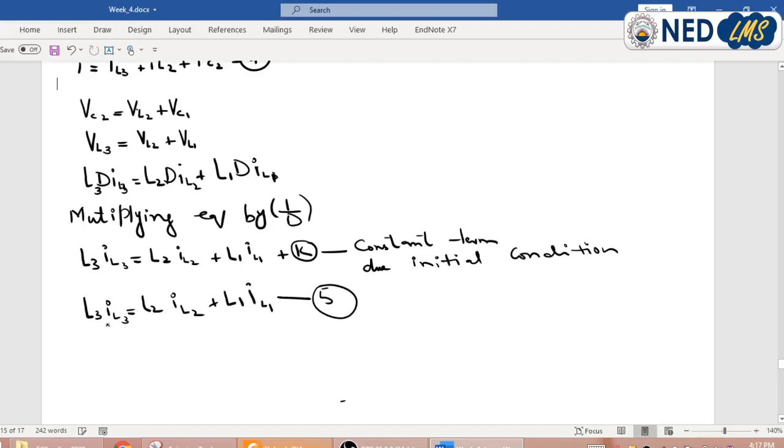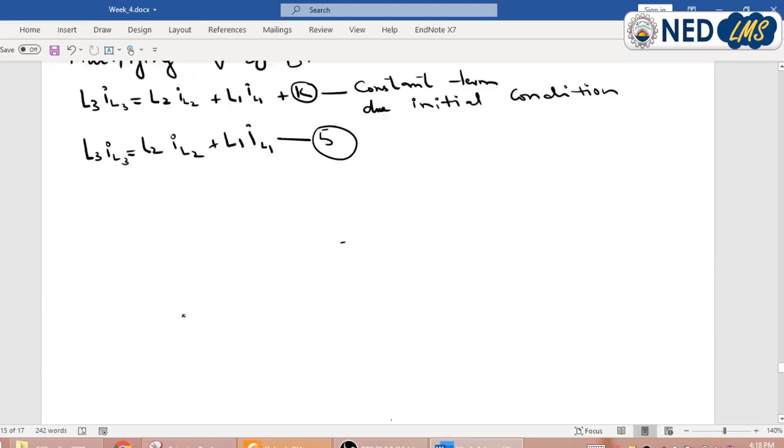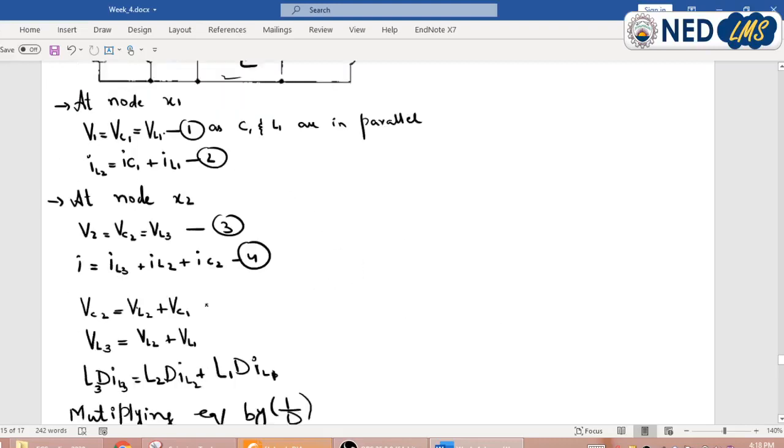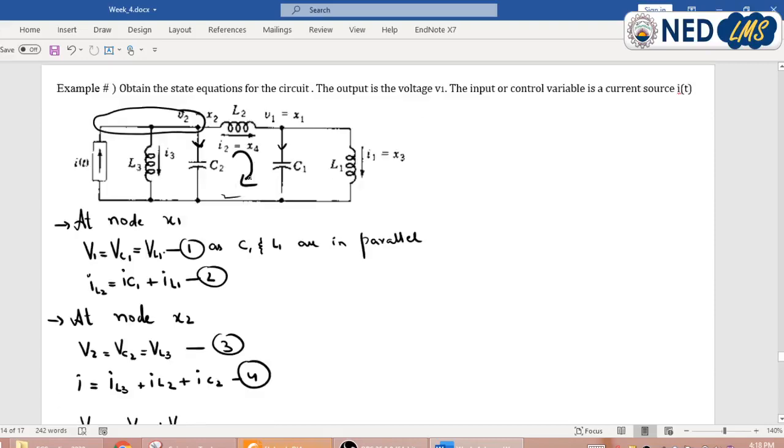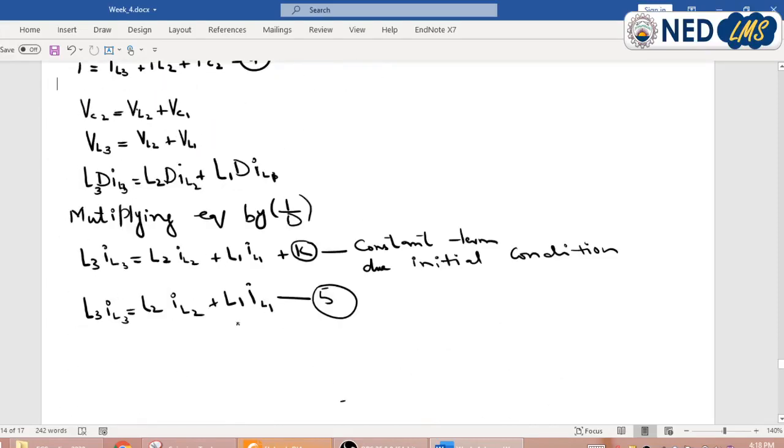All these inductor currents are not independent variables; one of them depends on the other two. So we know that state variables are basically linearly independent quantities, and here one current is dependent on the other two. So we should take only two inductor currents here and these two capacitor voltages. The third one can be evaluated with this linear equation.